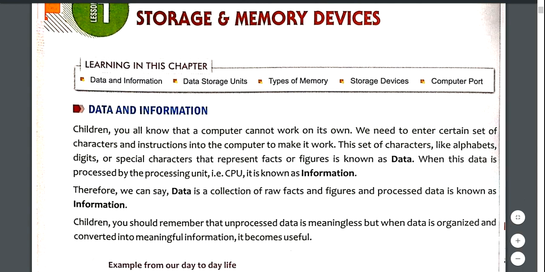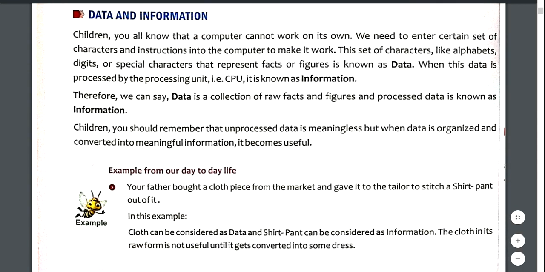Example is given here. So children, you should remember that unprocessed data is meaningless, but when data is organized and converted into meaningful information, it becomes useful. Let's have an example. Take the numbers 4, 5 and the sign of plus.